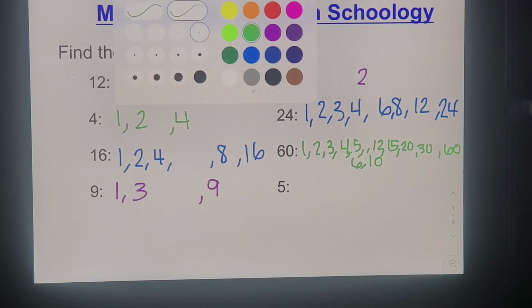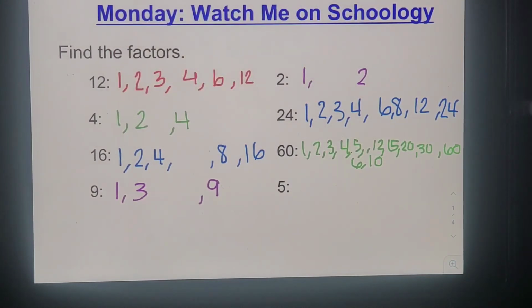Now let's try 5. So we start with 1 and 5. Then in your calculator, 5 divided by 2 equals 2.5. So we don't want a decimal. That's not good. 5 divided by 3 equals 1.6.